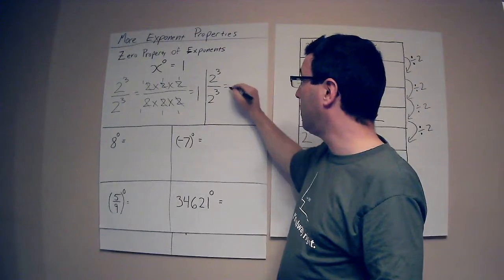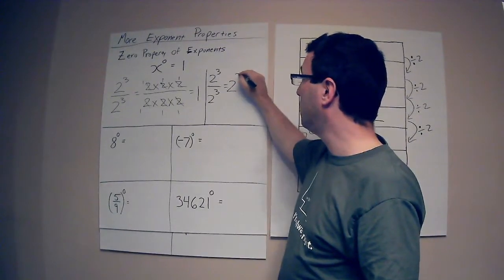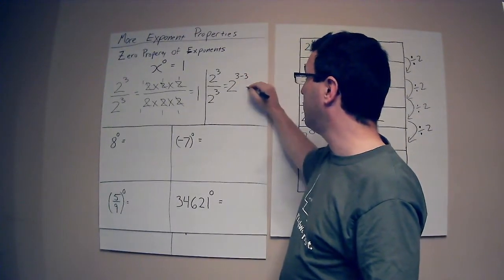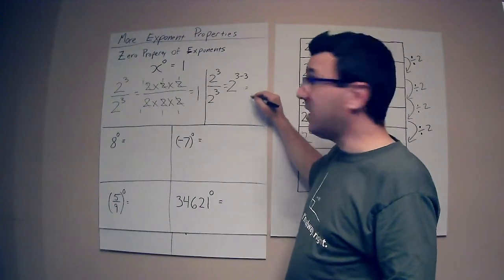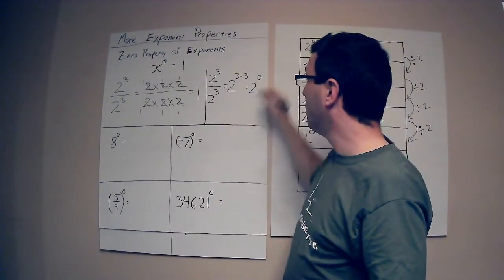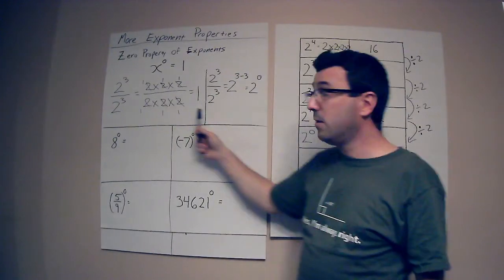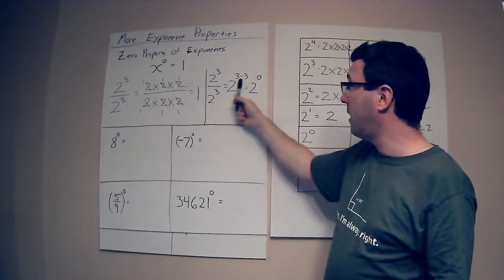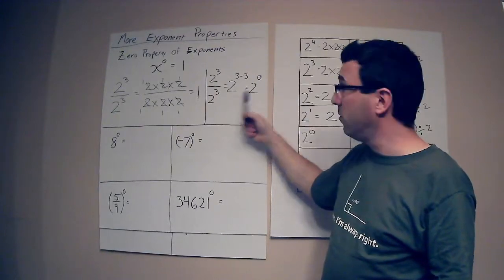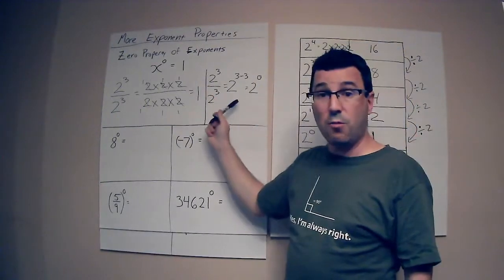So here, I would do 2 to the 3 minus 3, and that gives me 2 to the 0. So if I know that over here it equals 1, and over here my exponent is 0, then 2 to the 0 must be 1.